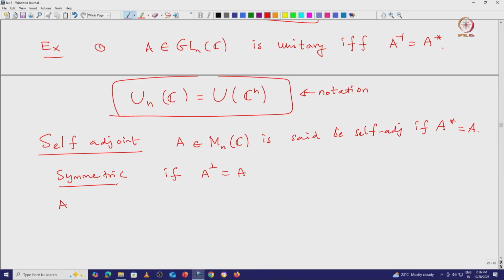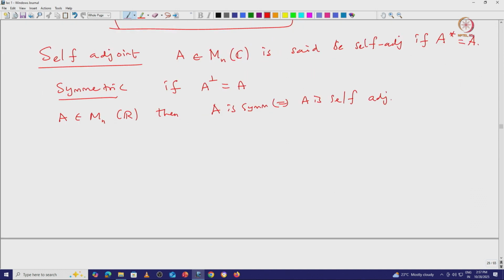If our matrix has real entries, then A is symmetric if and only if A is self-adjoint, by definition.